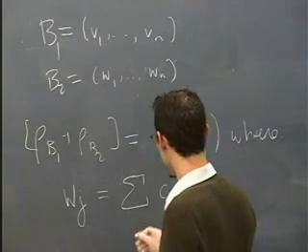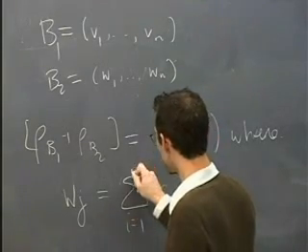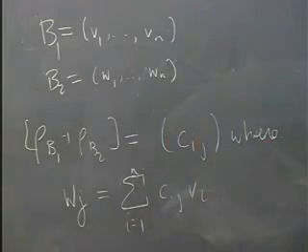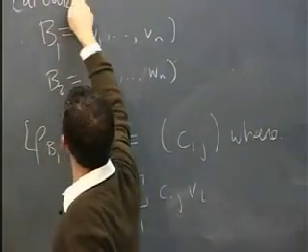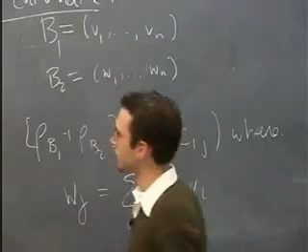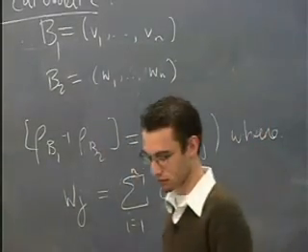So this is I ranging over 1 to n. So to calculate, this is what you do.